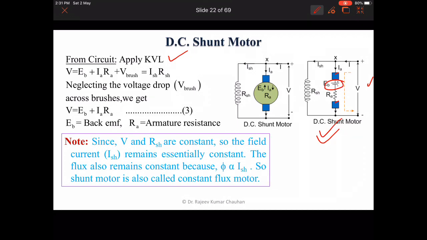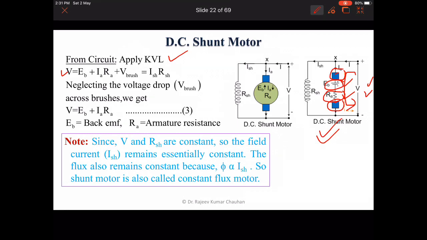If we apply Kirchhoff's voltage law in this loop, the applied voltage V is equal to EB plus IA RA, the voltage drop in the armature, plus the voltage drop in the brushes, represented by V brush.